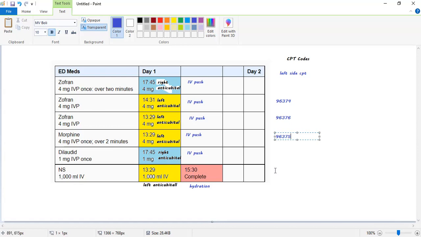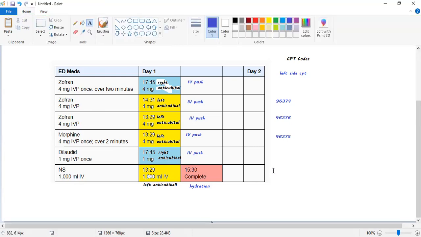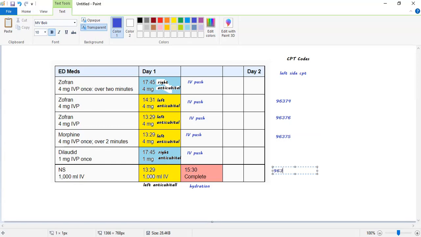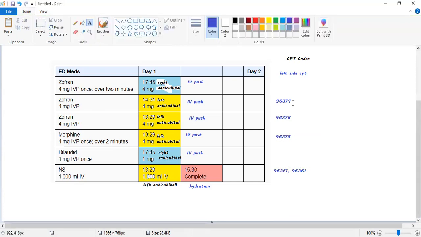So we will code 96361 for the 2 hour hydration, an add-on code, because here we have the initial IV push, right? So it's good to go. For normal saline, 1329 to 1530, at least 2 hours are there, so we coded 96361 twice. And now the left side CPTs are all coded.